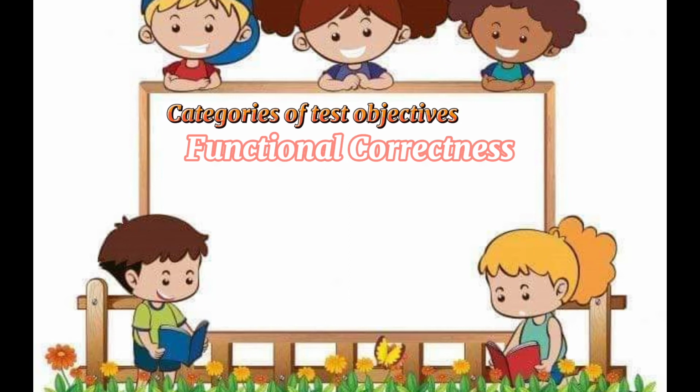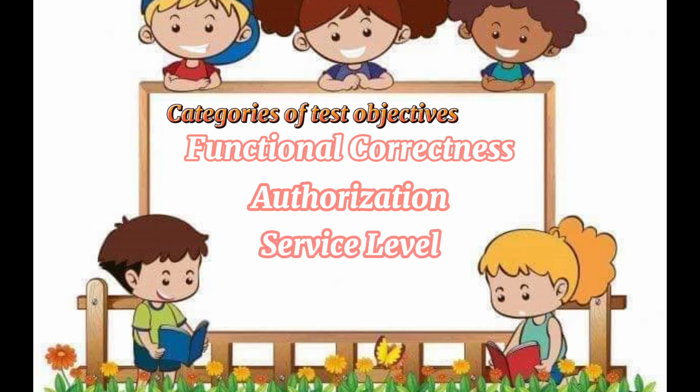Second is the authorization. So this category is a verification that actions and data are available only to those users with correct authorization. So the list of any key authorization requirements that must be satisfied, including the access to functionality and the data. Third is the service level.